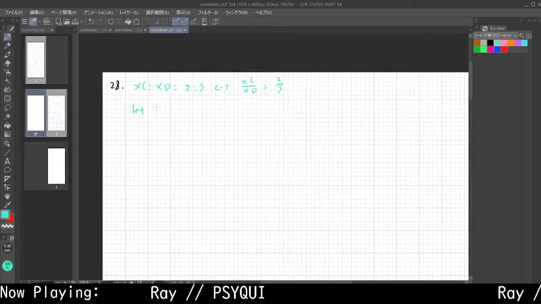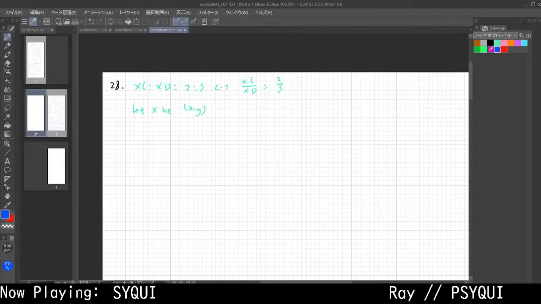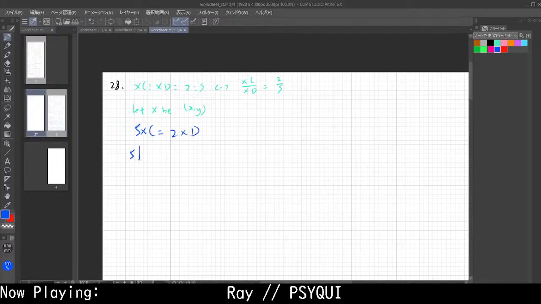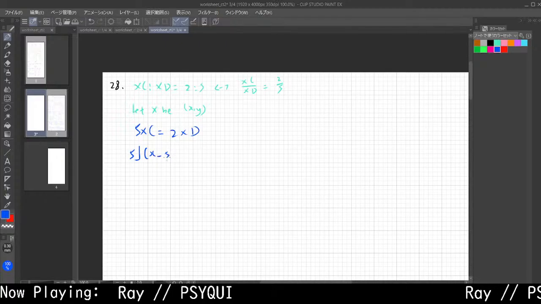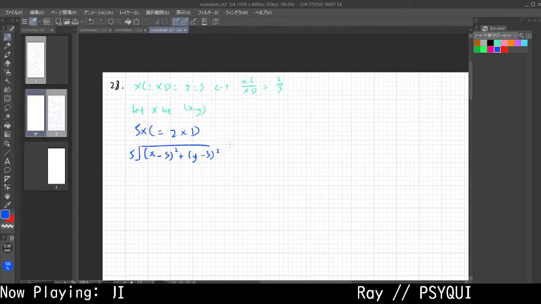Let X be (x, y). Cross multiply: 5XC equals 2XD, and then you just put it inside here. I'll calculate a bit more.